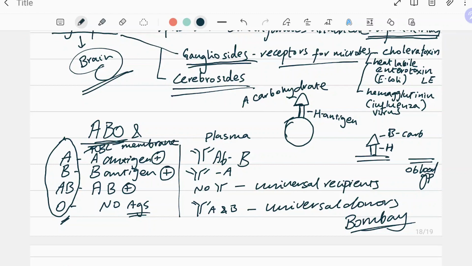I'll emphasize this when we go to that topic about type 1, type 2 hypersensitivity and all of that stuff. The point is, no H antigen gives you Bombay blood group, so that will cause mismatched transfusion even if you give them O blood group.